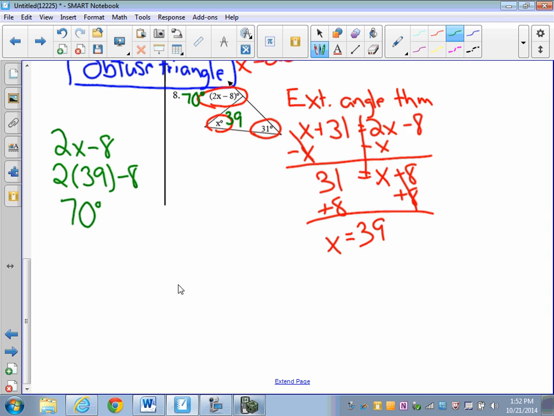So 70 is outside of the triangle. That means the angle inside of the triangle has to be 180 minus 70, which is 110. So my three angles in the triangle are 39, 110, and 31. Since 110 is greater than 90, that means this too is an obtuse triangle.